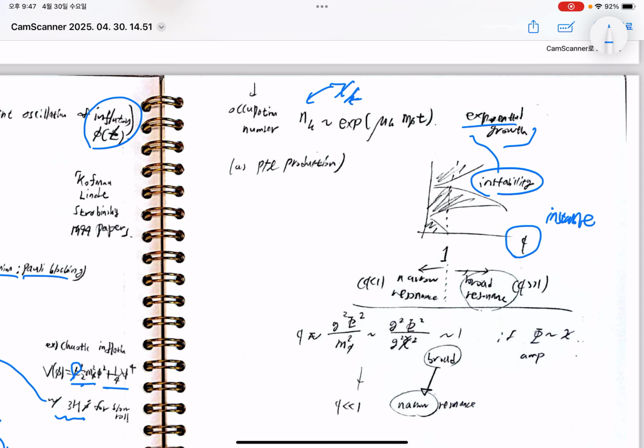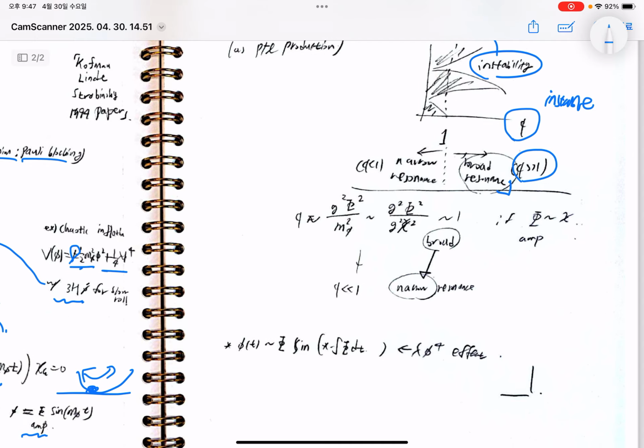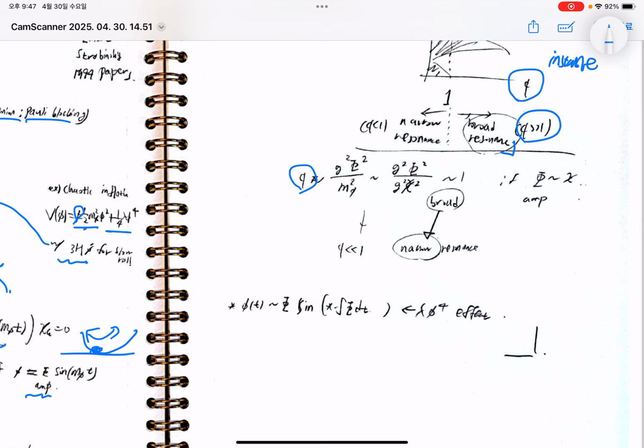When q is greater than 1, the broad resonance is ensured, but if q is extremely smaller than 1, then only the narrow resonance is okay. The q is given by the ratio between the amplitude of the inflaton and the mass of the bosonic field, and when the preheating starts, q is similar to or greater than 1, so the broad resonance occurs. After some time, q becomes smaller than 1, it makes the narrow resonance, and eventually the preheating stops.